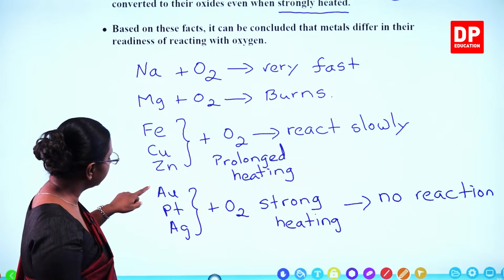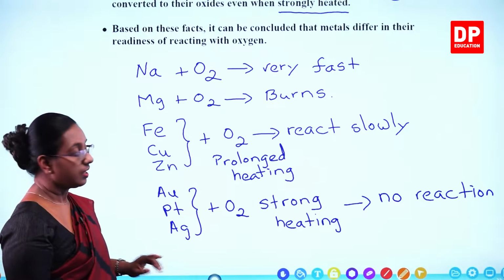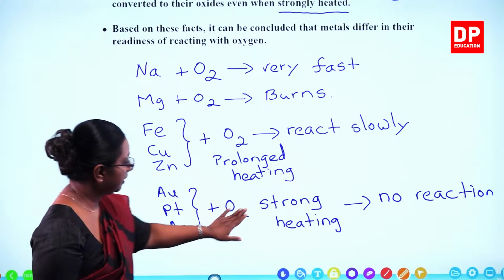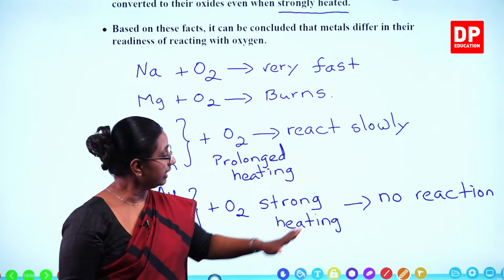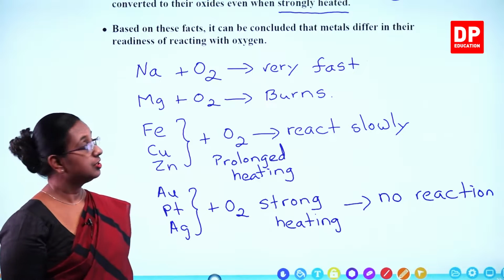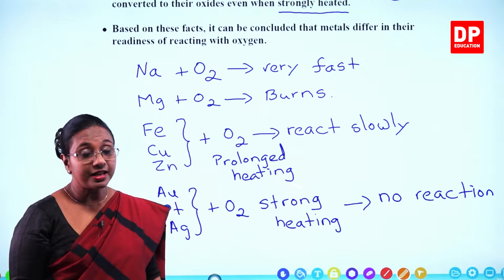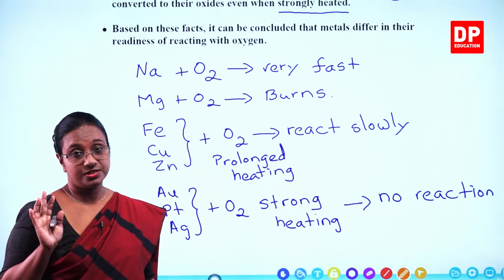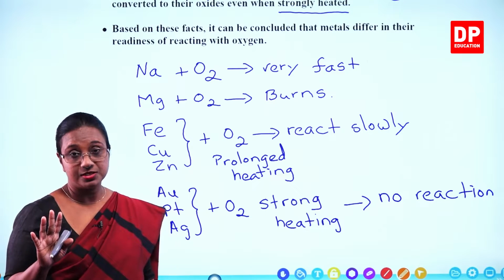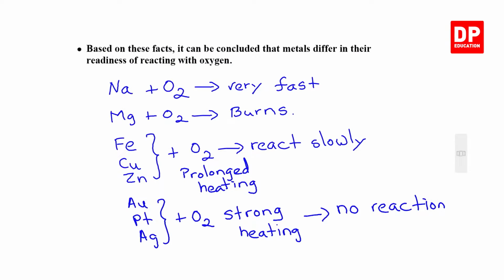But silver, platinum and gold, all three, even if you heat them strongly, there is no reaction. So you can see there is difference in their readiness to react with oxygen. You have to remember this, students. And for these metals, you need to remember their products and you need to know the balanced chemical equation.